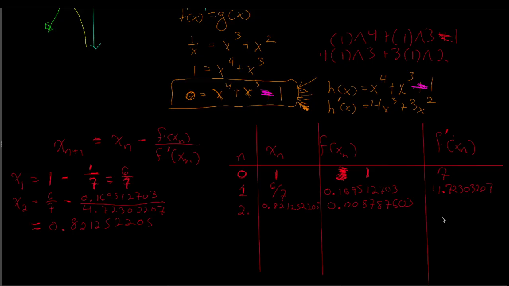4 times 0.8212522205 to the 4th plus 3 times 0.8212522205, or not the fourth, cubed, do my derivative.